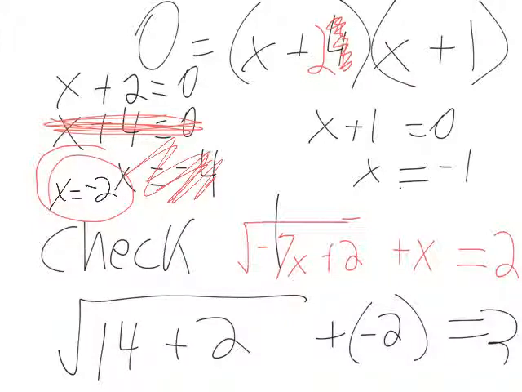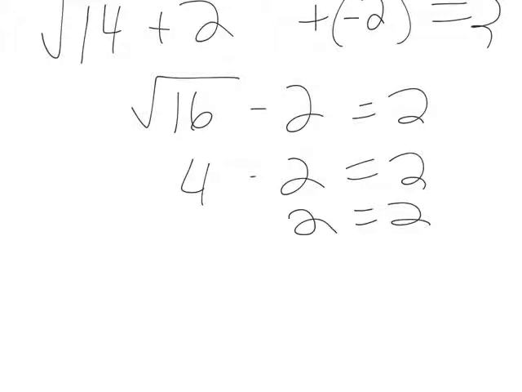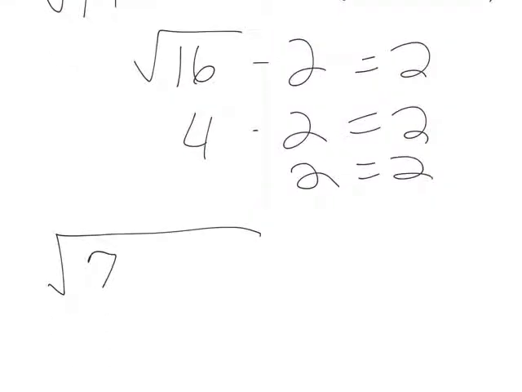And then if I plug in -1, I'm going to get the square root of -7 times -1 gives me +7. And then we are adding 2 to that. And then we will have a plus x, which x is -1.